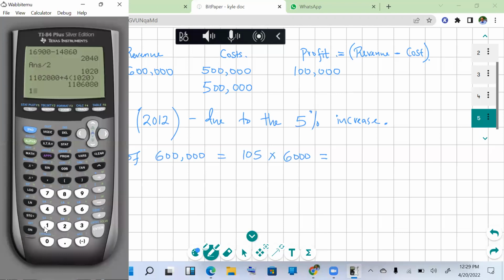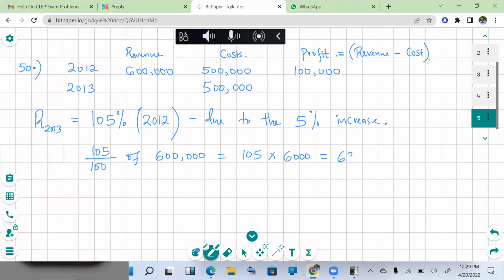It's actually 630,000. Now, the 630,000 is the revenue for 2013, and we have calculated it by using the 5% increment in revenue that the question talked about.